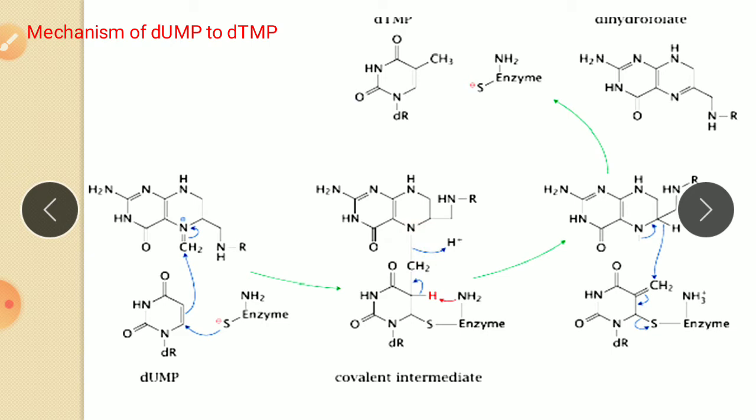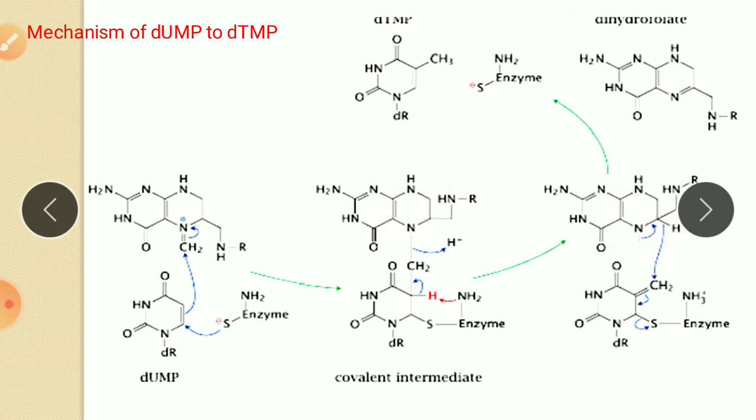So in the second step, hydrogen is removed from here, then this bond is shifted here and becomes a double bond. So it becomes a double bond CH2 like this, and the bond between the CH2 carbon and nitrogen breaks. So here this bond breaks and there is an N minus.